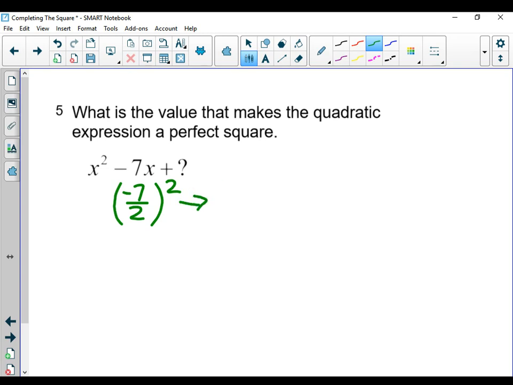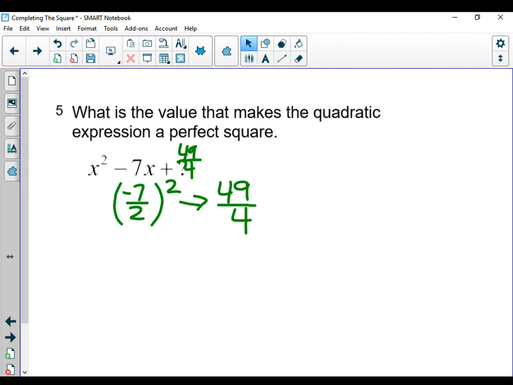So this just becomes 49 over 4. Okay? So then if I had to ask myself the question, what are 2 numbers that multiply to get 49 over 4 but add to get negative 7? What? Okay, that's not something that's natural like the other one, 11 and 11.